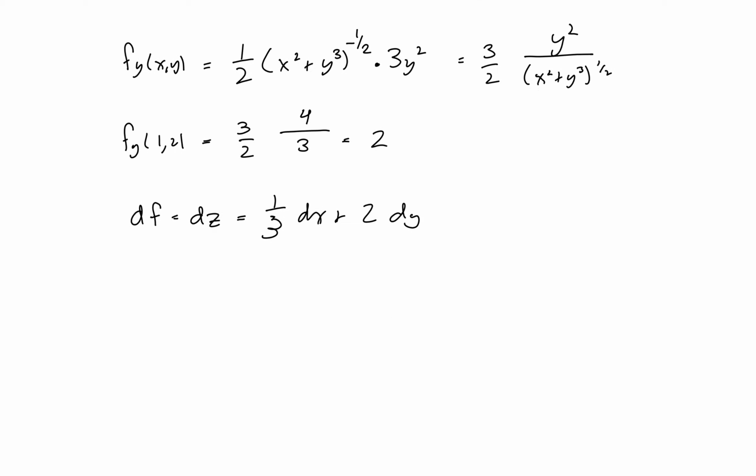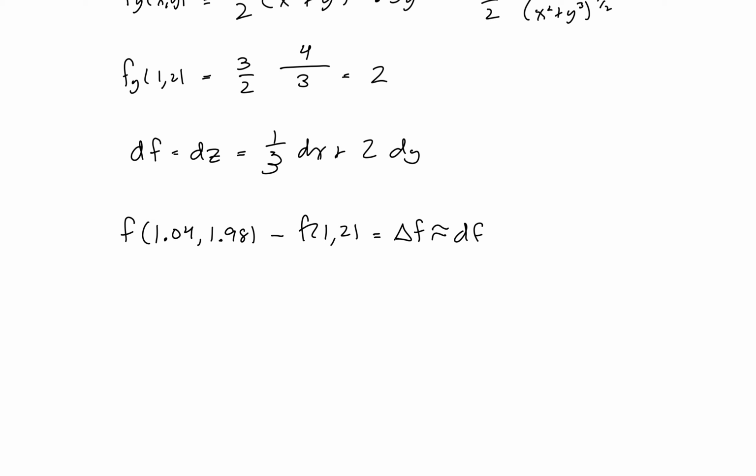So in particular then, f of 1.04, 1.98 minus f of 1, 2, this is exactly delta f, which is approximately df.